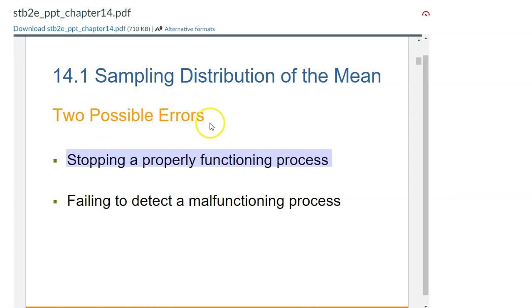So one type of error in decision making is the system is actually working well, but our decision is saying that the system is not working well, so we need to stop it. That's an error, right? That's an error in decision making.